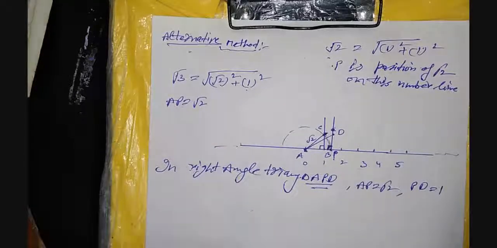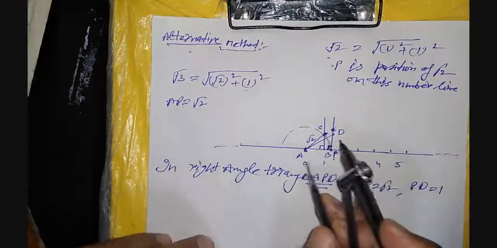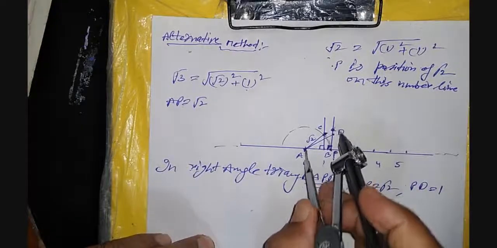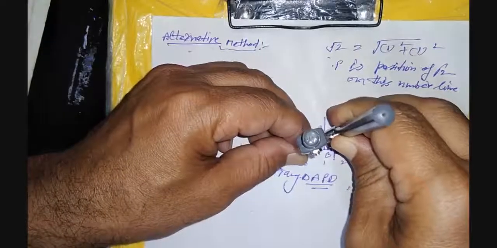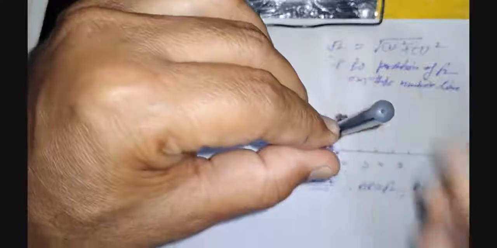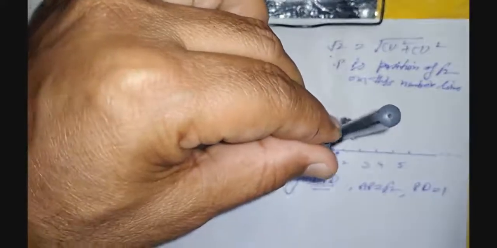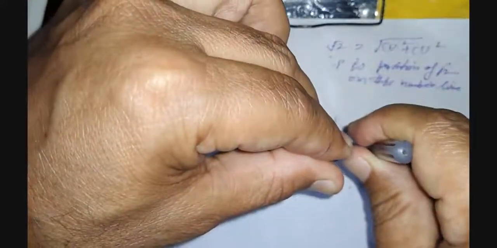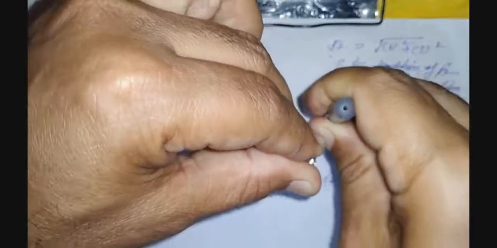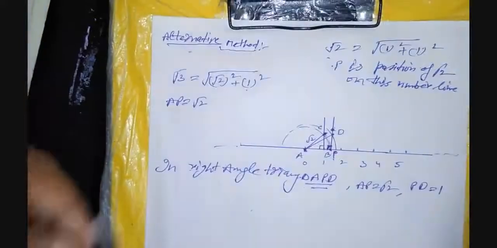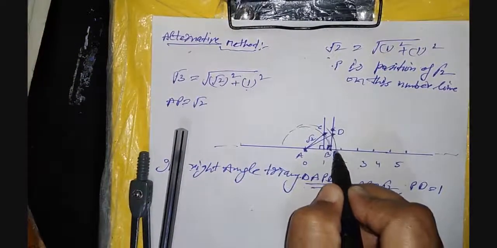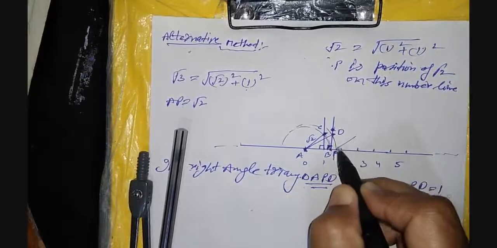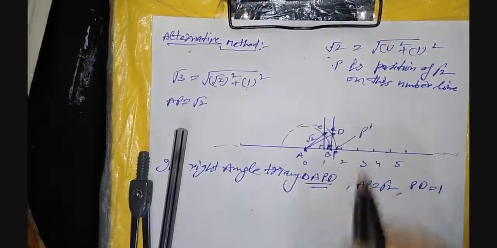Now taking AD as radius, draw a semicircle in this way, and we will get this point as P dash.